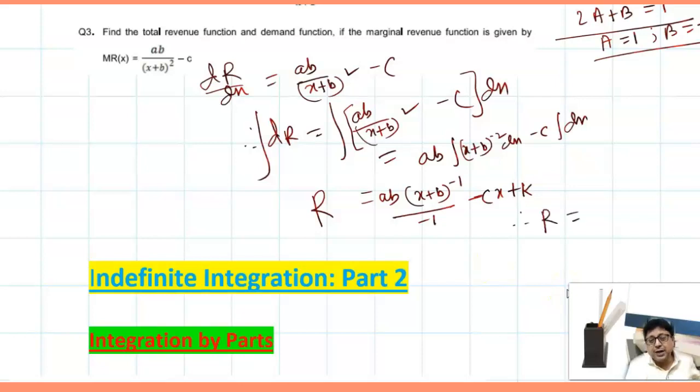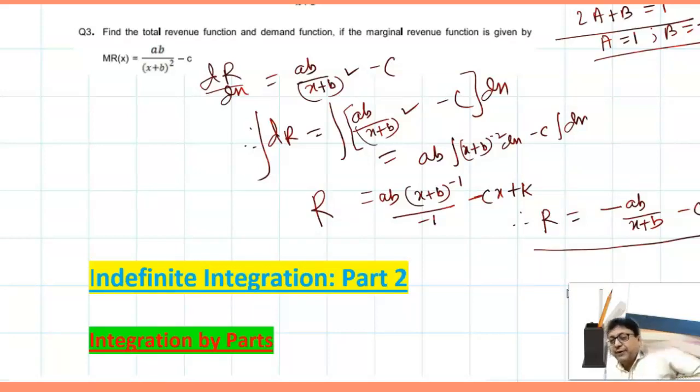So r is going to be minus ab by (x plus b) minus cx plus k. This way, just after integration, you can find the value of r from there.